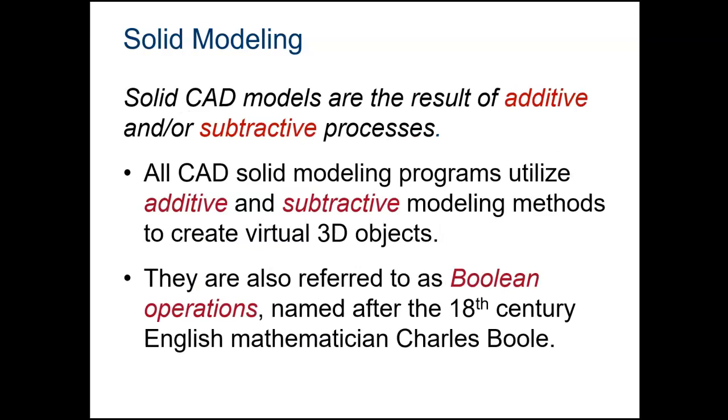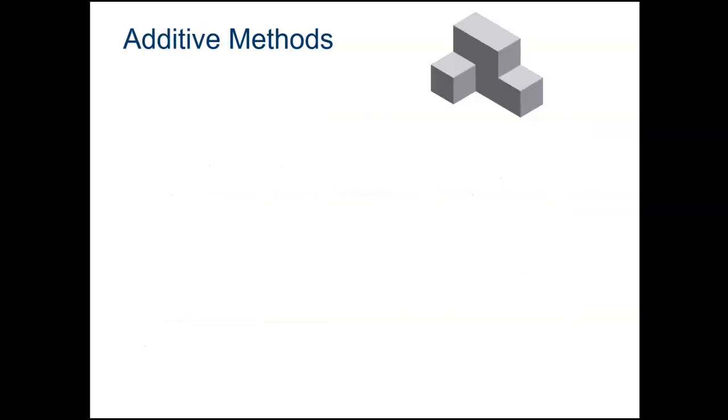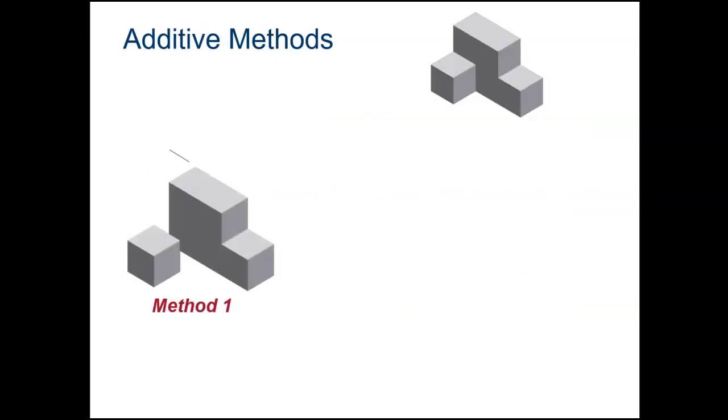In CAD, or computer-aided drafting, models are the result of additive or subtractive processes. So what does that mean? Here I'm going to show you a few methods. In method 1, we build one object first, and then we add another object to it. We can create this object by starting with a simple form, and then taking another simple form and adding on to it.